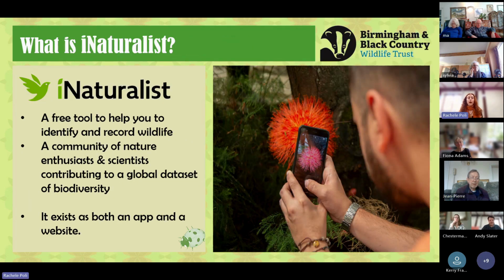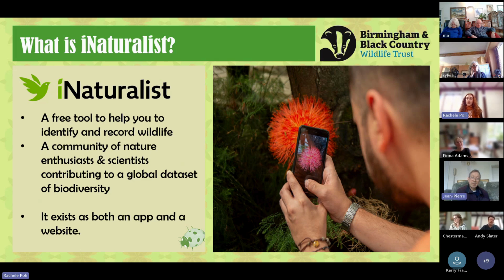So now I'm going to talk about iNaturalist. iNaturalist is really two things at its core. It's a free tool to help you identify and record wildlife, and it's a community of nature enthusiasts and scientists contributing to a global data set of biodiversity. It exists in two forms, an app and a website.